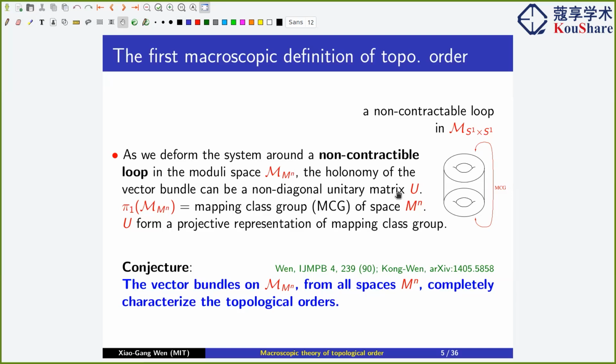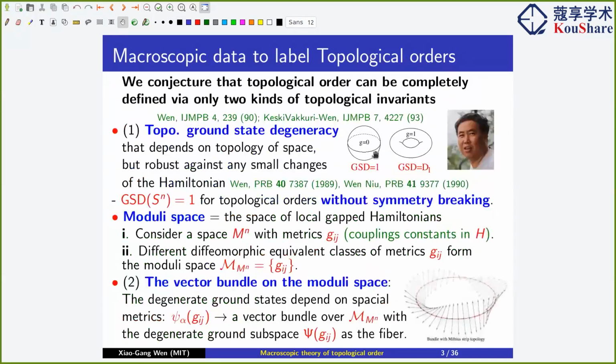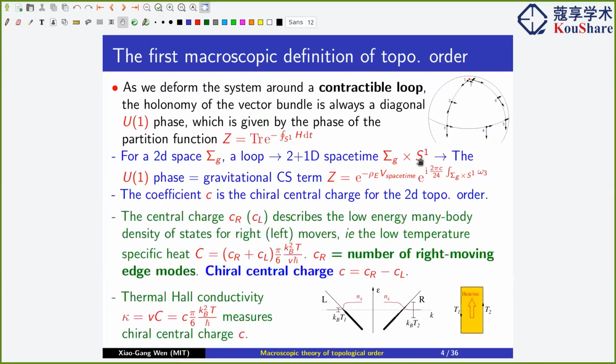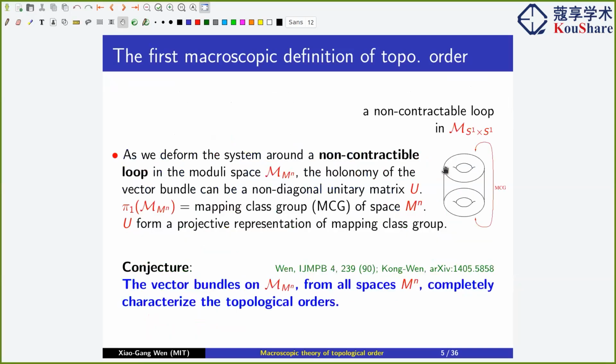And so this non-diagonal unitary matrix would carry more information. What I try to say is that at the beginning we have the ground state degeneracy, just a sequence of integers. Then by studying the Berry phase, we get one rational number C. Now by going through this non-contractible loop in the coupling constants, we get a unitary matrix, like even more data. So those are data to describe this topological order.